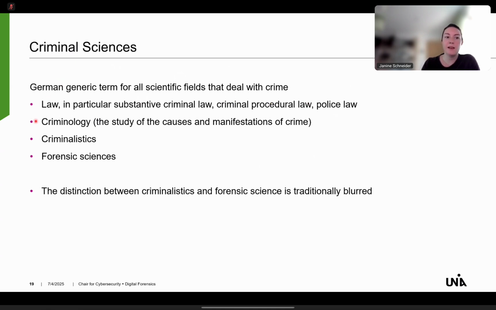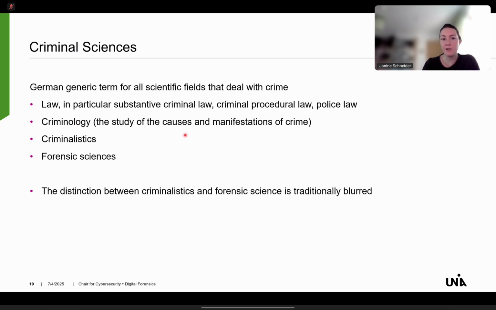So, for example, criminal sciences include criminology, criminalistics, and all the forensic sciences, and sometimes also criminal law, criminal procedural law, police law, and stuff. So we already talked about criminology.